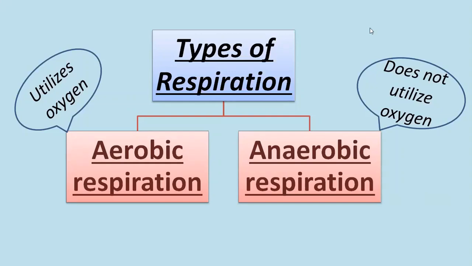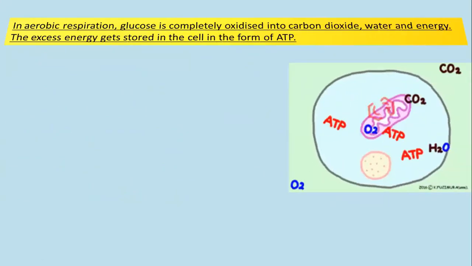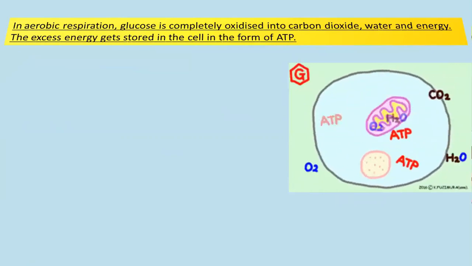Okay, so by now you must have understood that all the living cells throughout life perform aerobic respiration by utilizing oxygen to break down the food and get energy. In aerobic respiration, glucose is completely oxidized into carbon dioxide, water, and energy.